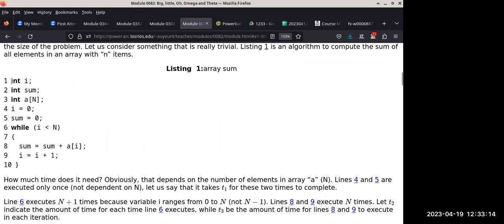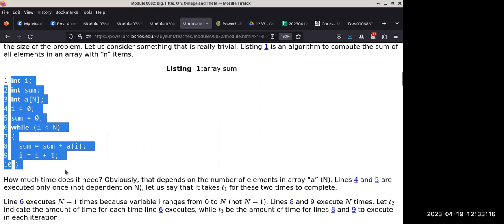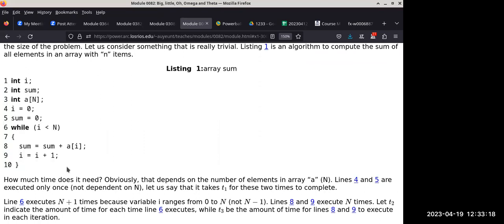This is an algorithm written in C, and its only job is to find the sum of the array A. Array A is given to you with some values, and your job is simply to add up all the values within the array, the sum of all elements of array A.